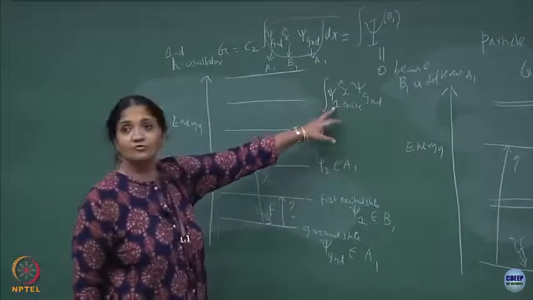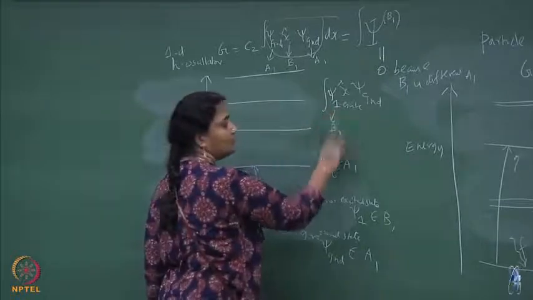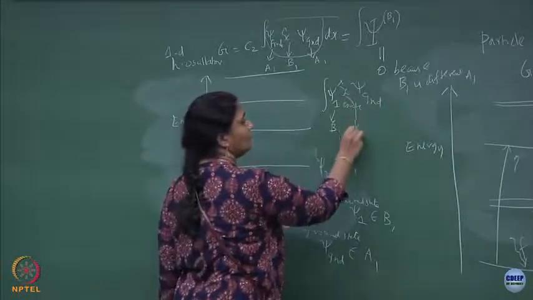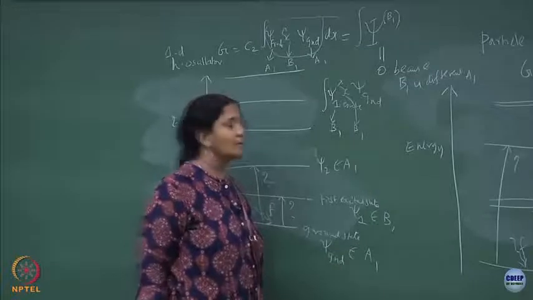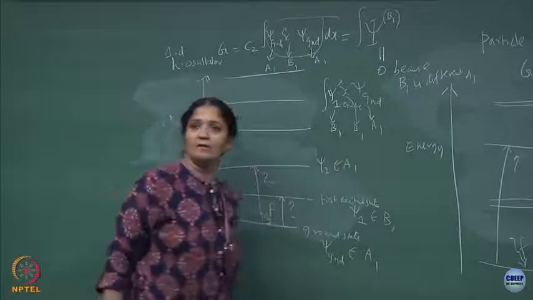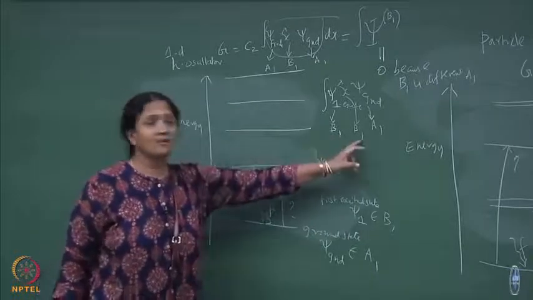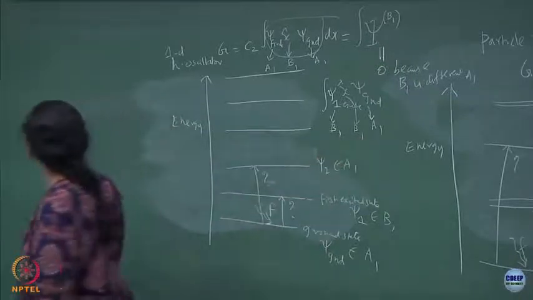This one belongs to B1, this one also belongs to B1, this one belongs to A1. A1 times B1 is B1, B1 times B1, what is it?